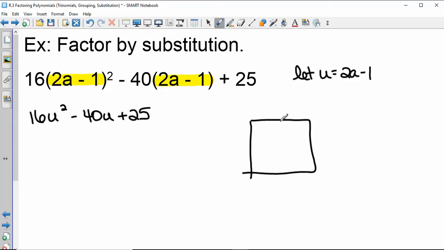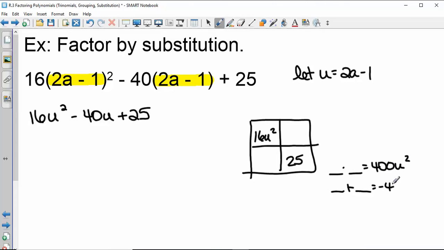Now it looks a little more like a regular quadratic, so box method. If I multiply those, I'm looking for two things that multiply to 400u squared, and they add to a negative 40.